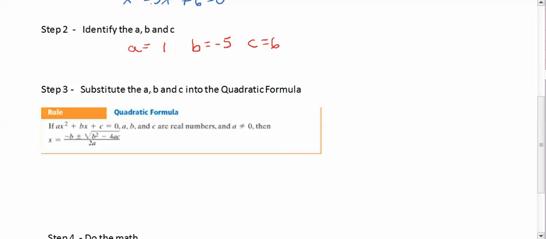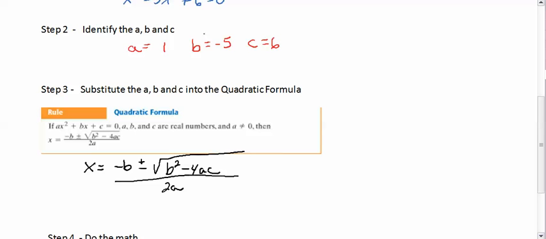So we've got x is equal to negative b plus or minus the square root of b squared minus 4ac all over 2a. Okay, so now I'm going to write it with my letters. So that's just a reference for us.